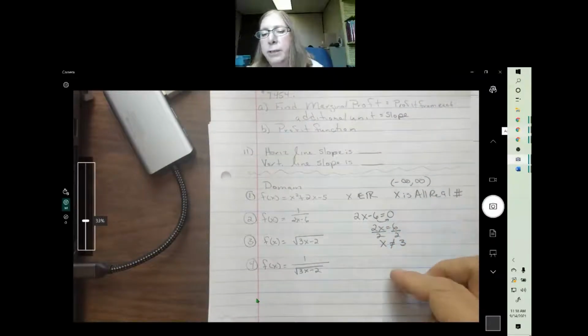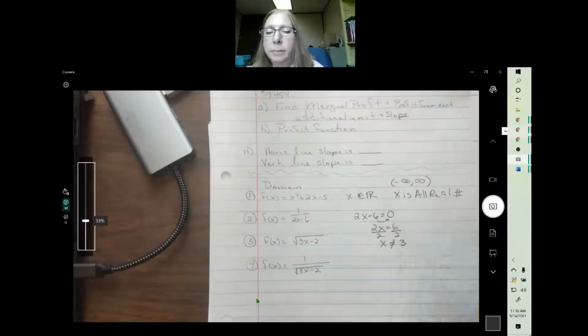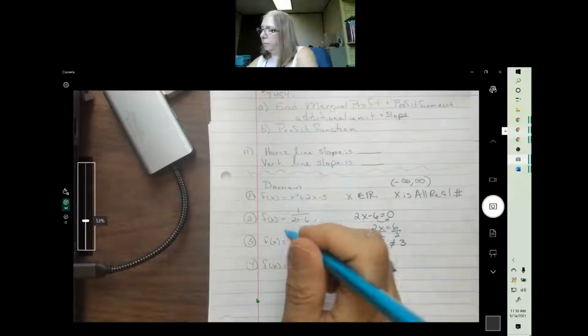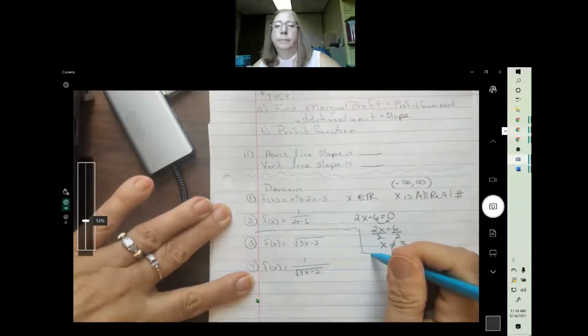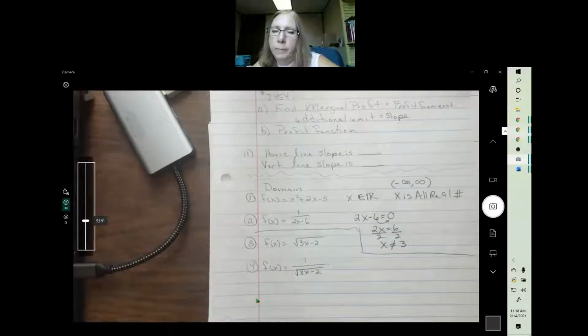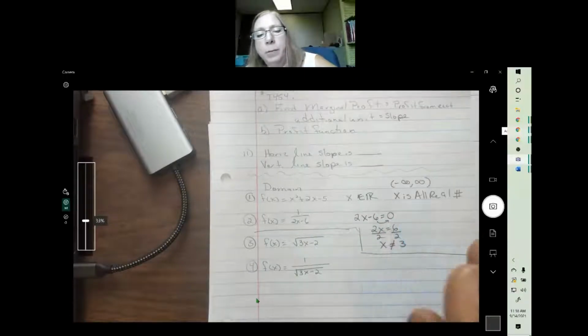So x can be any value except 3. So your domain is x cannot equal 3. Any questions on that part? When you have a fraction, set just the denominator equal to 0.